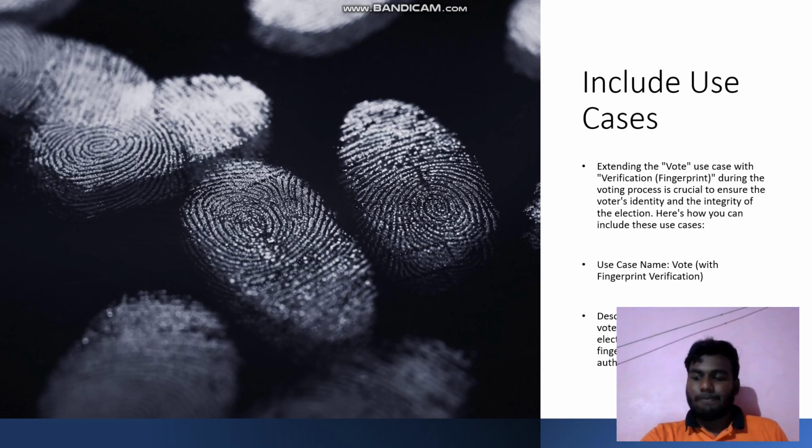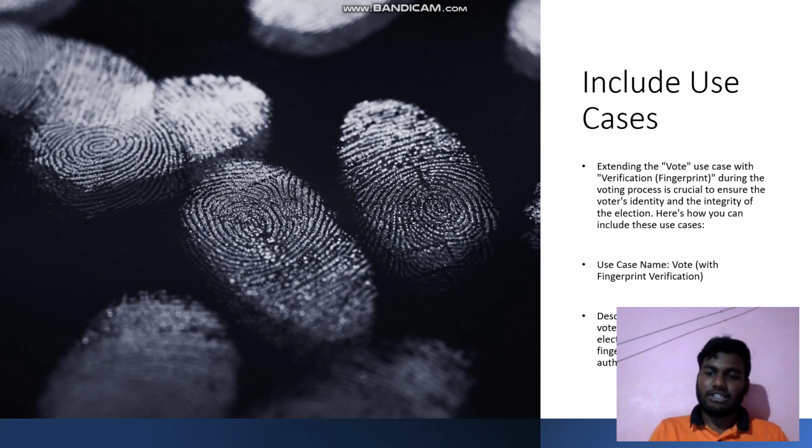The voter uses the biometric for verification, and only then can he vote for the candidate. This use case allows the user to cast a ballot electronically, incorporating fingerprint verification for identity authorization.